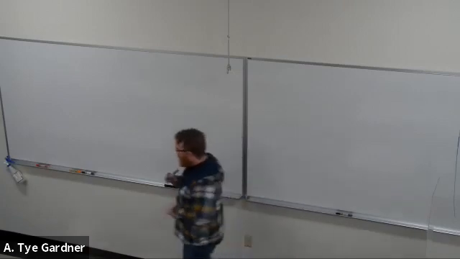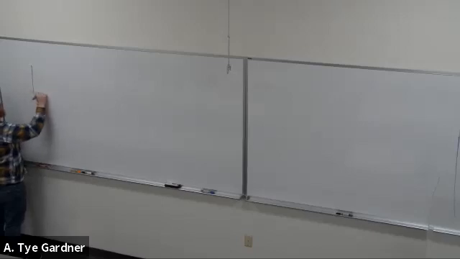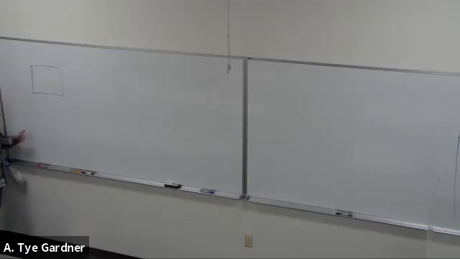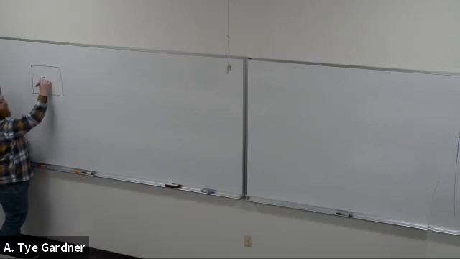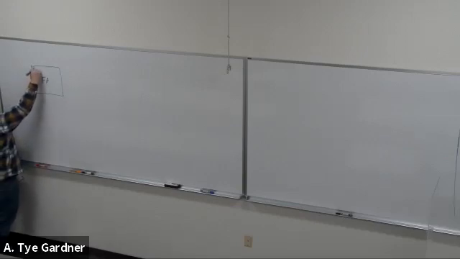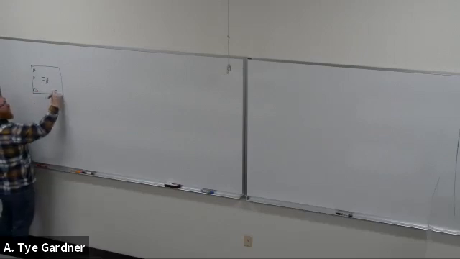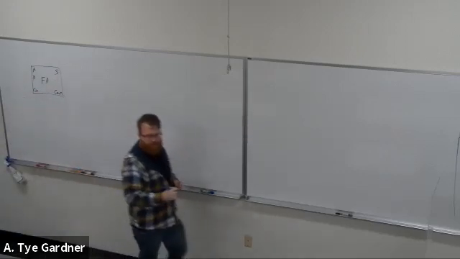So remember, I've talked about this before, where I could have some block of logic, right? I don't necessarily have to tell you what's in here, but I may say something like it's a full adder and it has ports A, B, C in, C out, and sum, right?